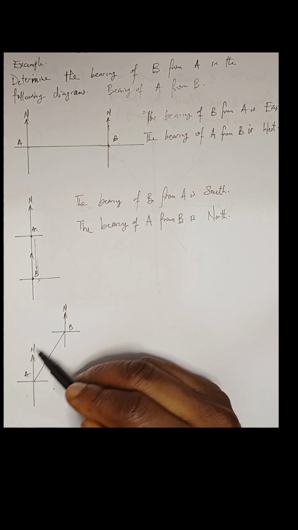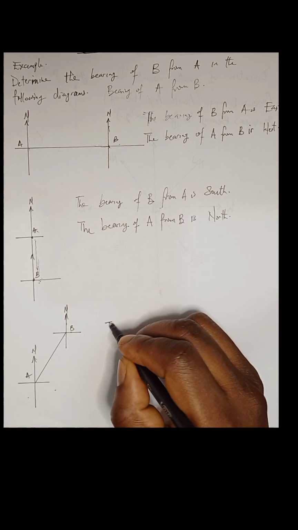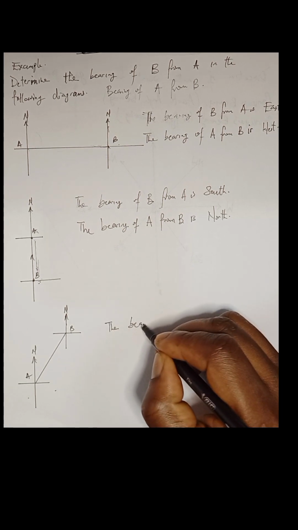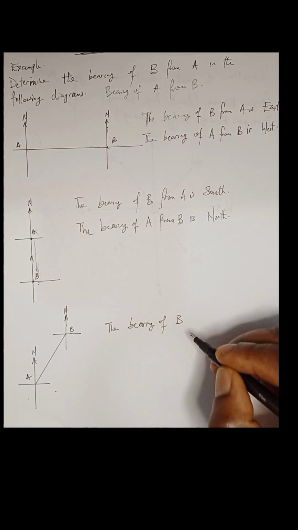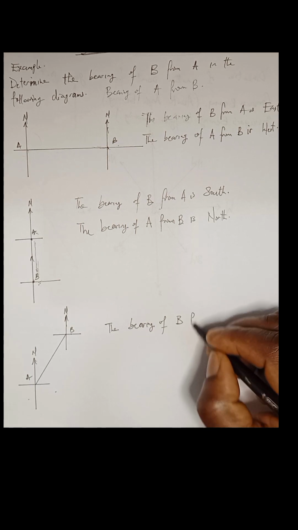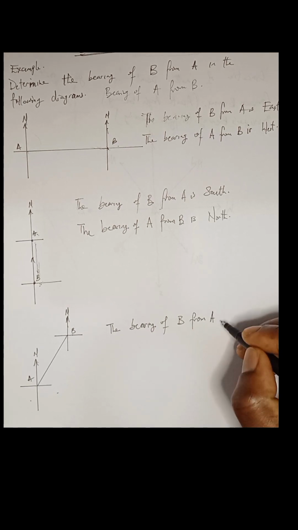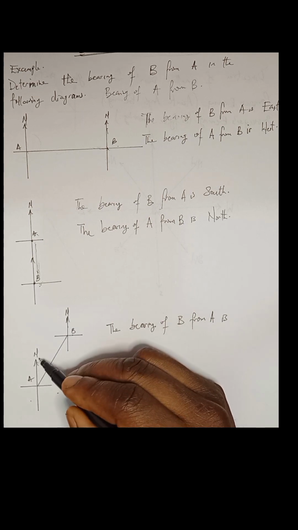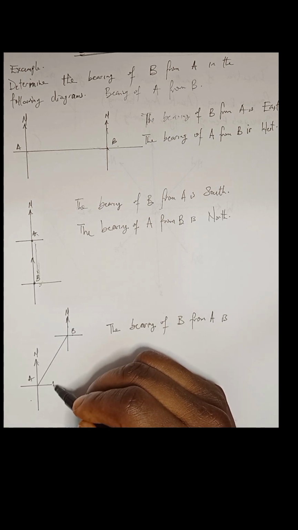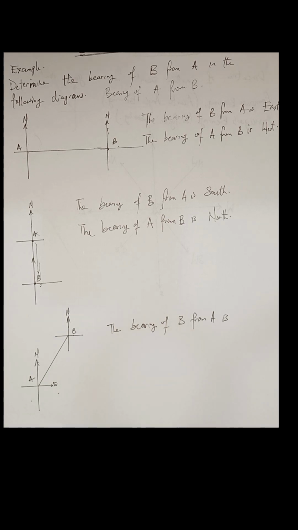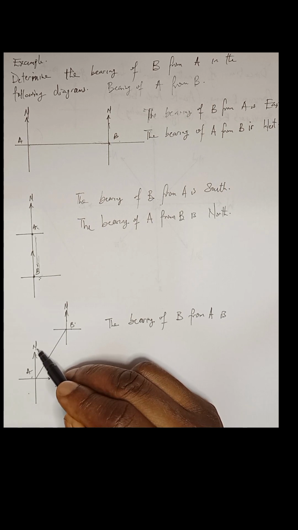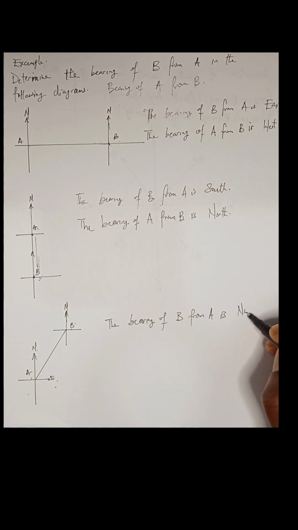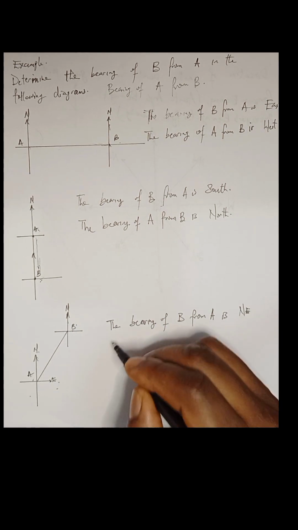So the bearing of B from A is, now this is north, to my right here is east, and so the bearing of B from A is northeast, meaning the direction of B from A is northeast.